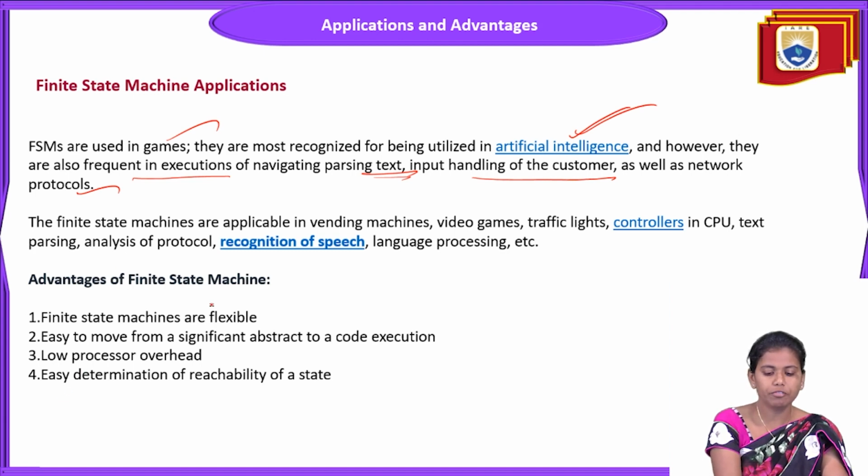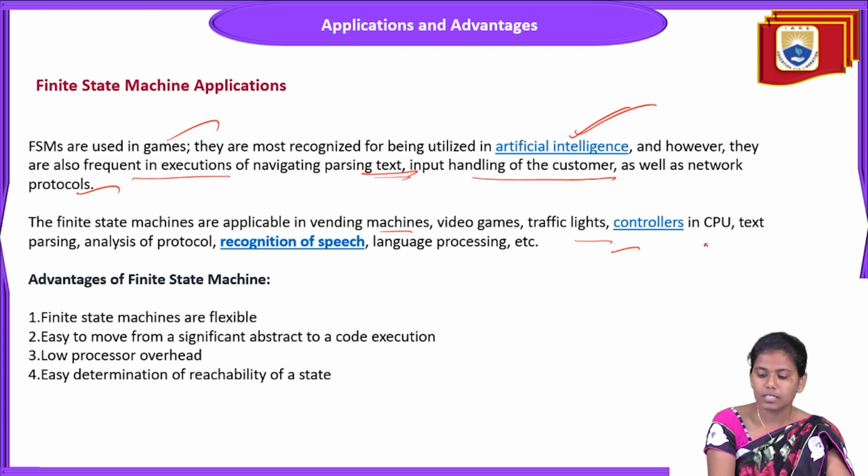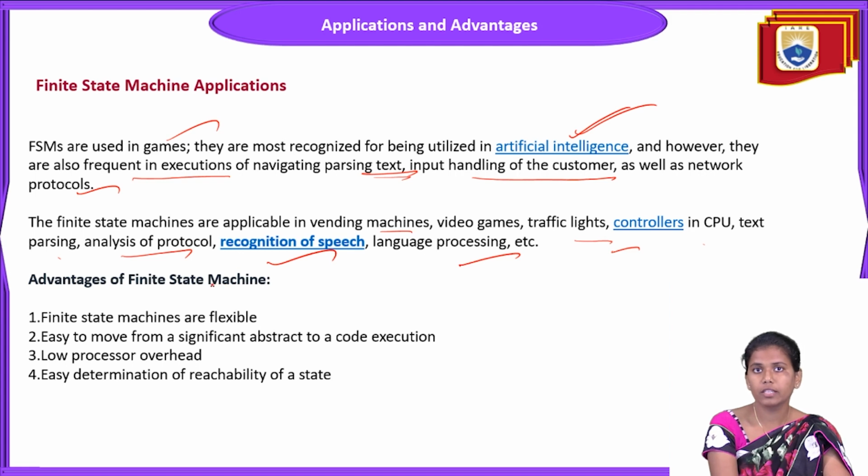They are even applicable in vending machines, video games, traffic lights, controllers in CPU, text parsing, analysis of protocol, recognition of speech, and language processing. As I said, finite state machines play a vital role in the back end of VLSI. These are the areas where they are maximally used.